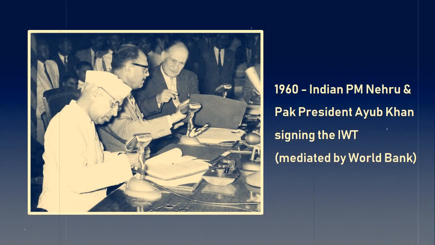So in the year 1960, the government of India and the government of Pakistan signed this treaty called the Indus Water Treaty, and the mediator, sort of supervisor, for this treaty was the World Bank. So what was this treaty basically? If you look at the map of the six rivers in this treaty, you will see that there are three rivers at the bottom and three rivers at the top.